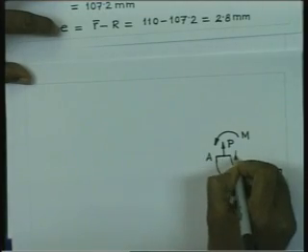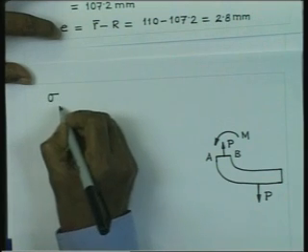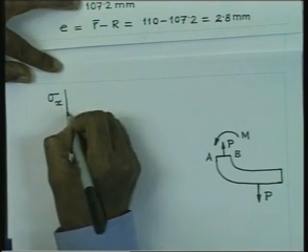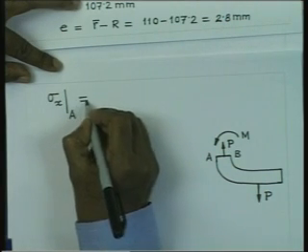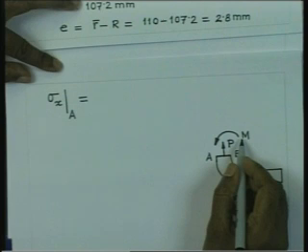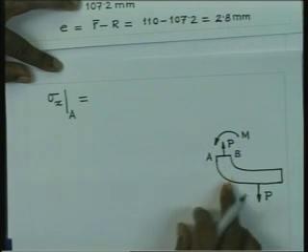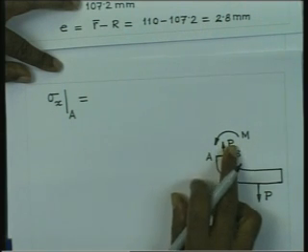Now we have to calculate the stress at the locations A and B. We can write the formula for sigma x at the location A. Note that this bending moment is trying to reduce the curvature, or increase the radius of curvature. So it is a negative bending moment.